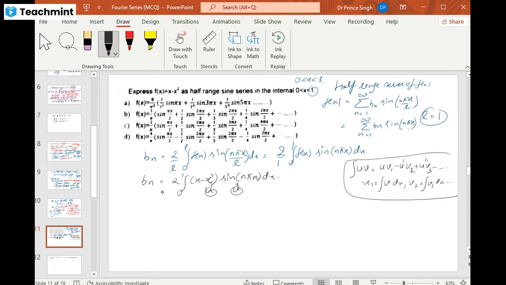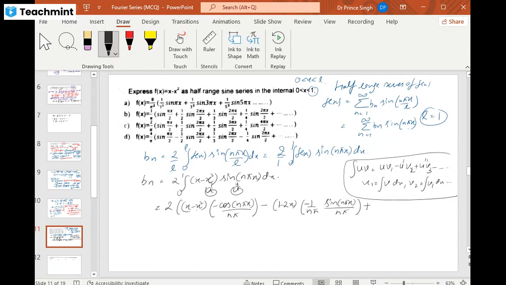So let us proceed. It is 2 times the first function, x minus x square, as it is. Integral of sine is minus cos n pi x upon n pi. Then u integral of v minus derivative of u. Derivative is 1 minus 2x. Integral of minus cos is minus 1 upon n pi as it is, integral of cos is sine of n pi x upon n pi.